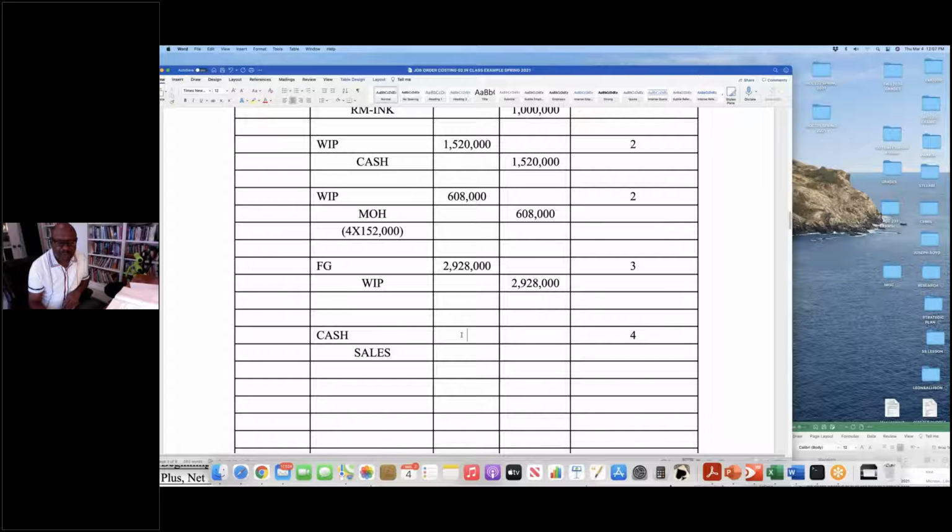Cash was used, but you never really specified, because usually when you do a sale, it's either cash or accounts receivable. I assumed that you wanted to do that in cash, but I didn't know if that was a big deal or not. Not a big deal. Let's assume cash. And it's 6,120,000.